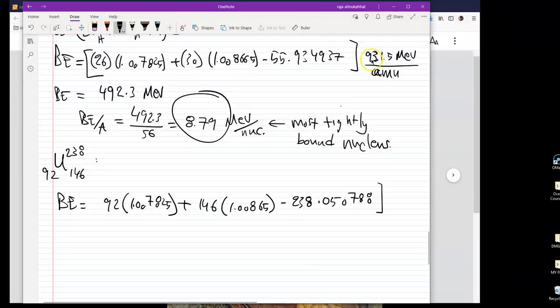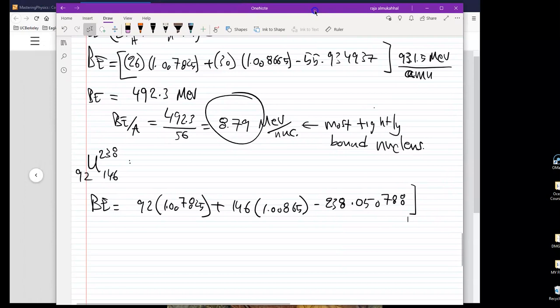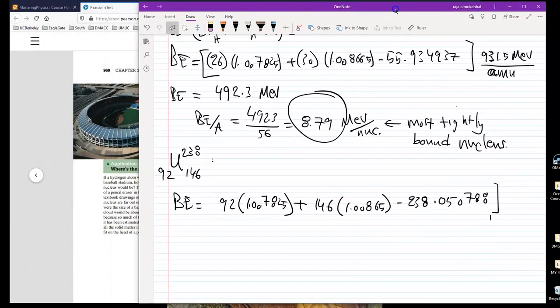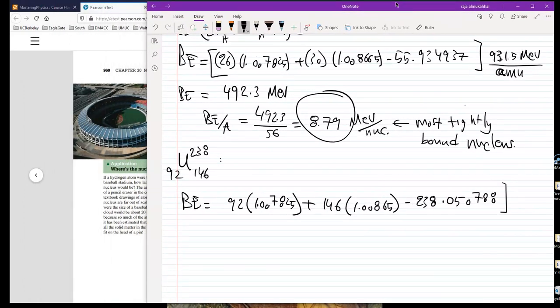Nothing to worry about. Usually it's given to you, like I said, in the problem. No one expects you to memorize those numbers. Well, nobody does. Anyway, times 931.5. And then you just multiply this whole thing. You're going to get 1,802 MeV.